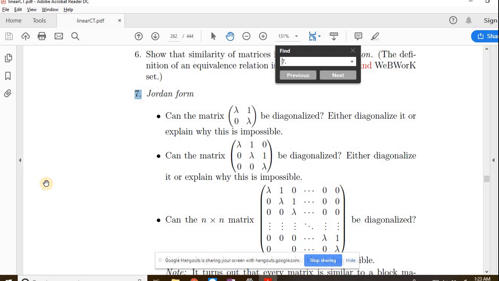Now I think what's confusing about this is he's using lambda here for a constant, but it's not necessarily the case that lambda is the eigenvalue. So instead of writing lambda 1 0 lambda, you might want to write a 1 0 a. Something like that.